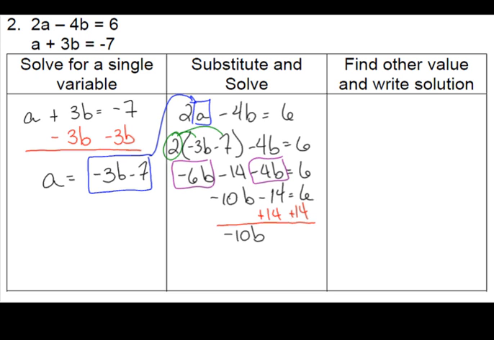Negative 10b is equal to 20. I divide both sides by negative 10 and find that b is equal to negative 2.